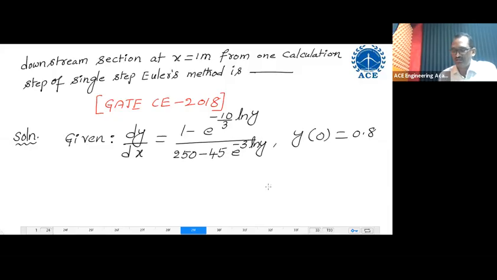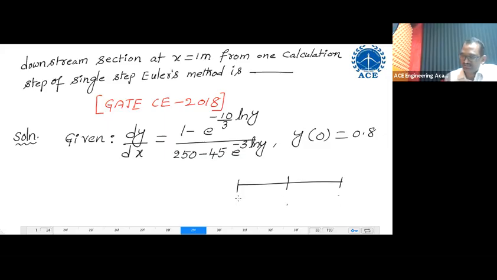Listen to me everyone. To solve any problem regarding numerical methods, first of all, regarding Euler's method, modified Euler's method and Runge-Kutta methods, you need to split the given problem into equal lengths of subintervals. This is x0, this is x1, this is x2. What is x0?